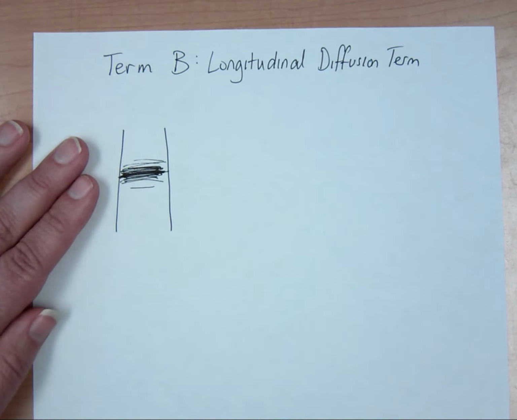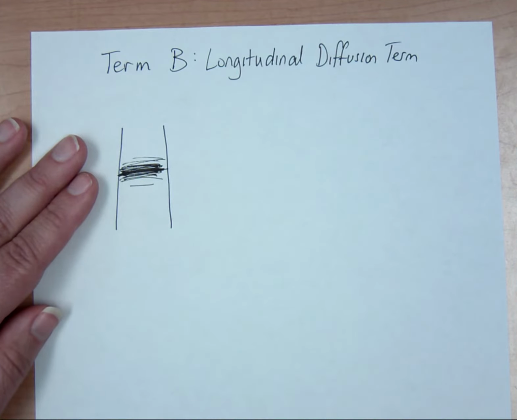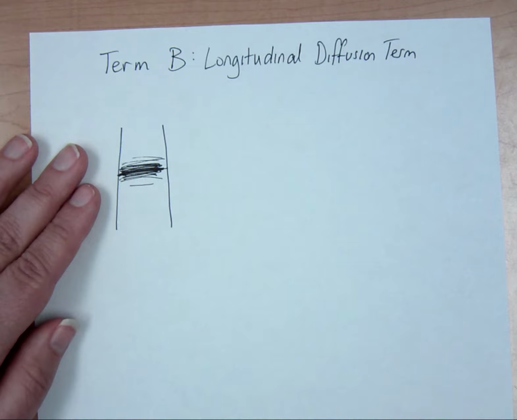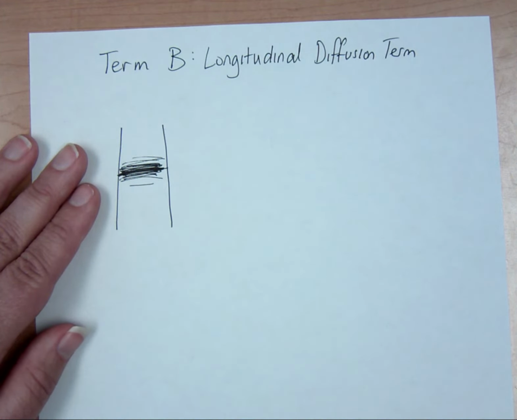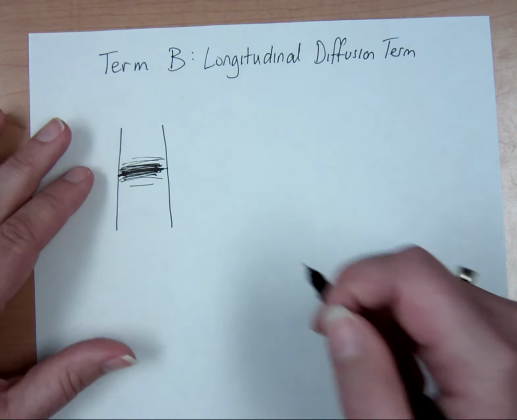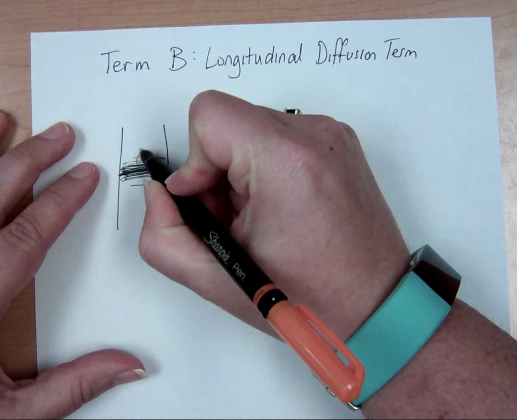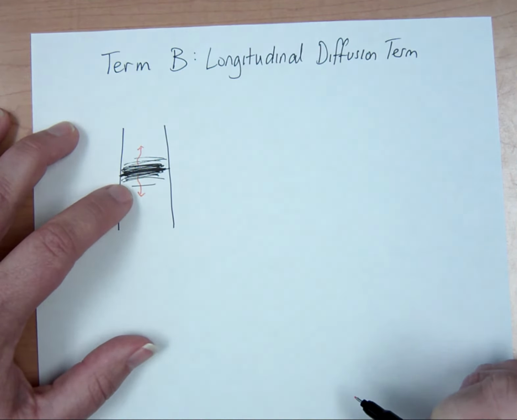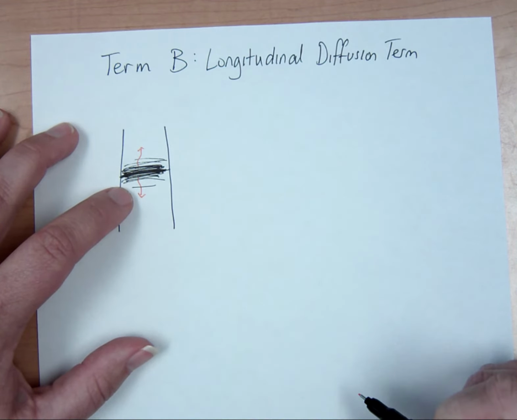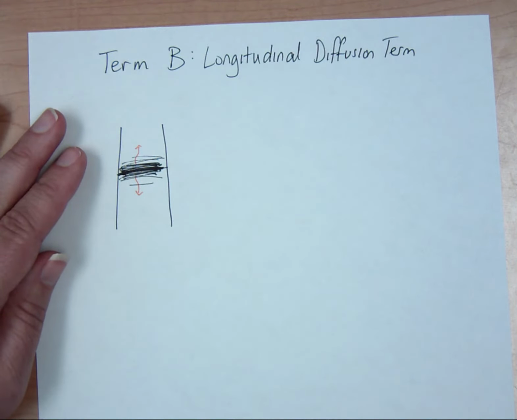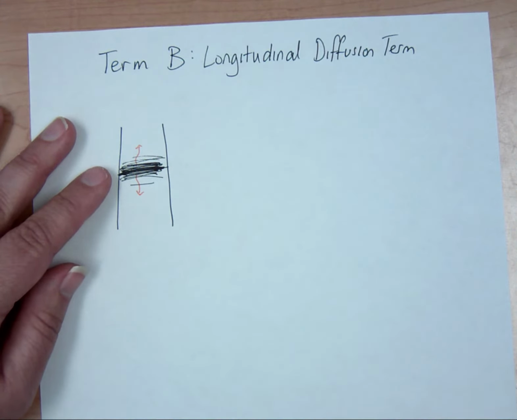But in a given amount of time that these analytes spend in the column, there's going to be diffusion. And so what does diffusion do to this concentration? These analytes are moving outward from the highly concentrated center to the exterior edges that are less concentrated, right? Moving from an area of high concentration to low concentration.